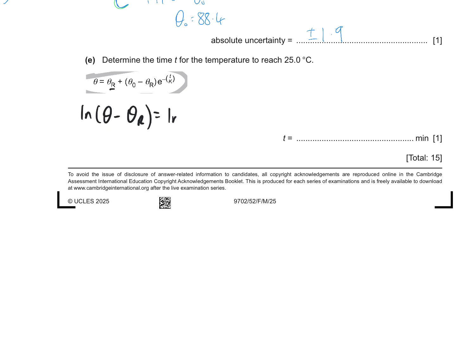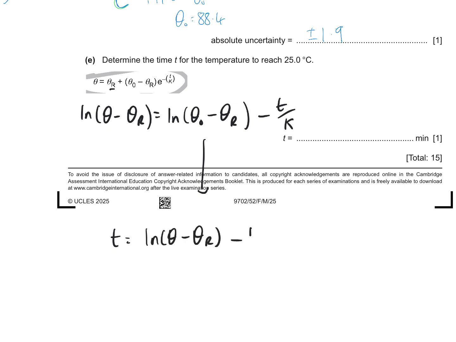And then we end up with ln theta naught minus theta r minus t over k. So we want to find t. Let's rearrange for t. So t is going to be ln theta minus theta r minus ln theta naught minus theta r. A bit tedious this way, but as I say, this is probably the one that involves the least new thinking.